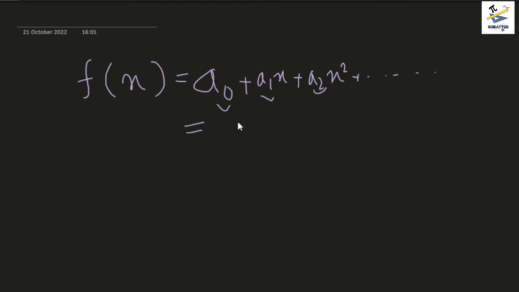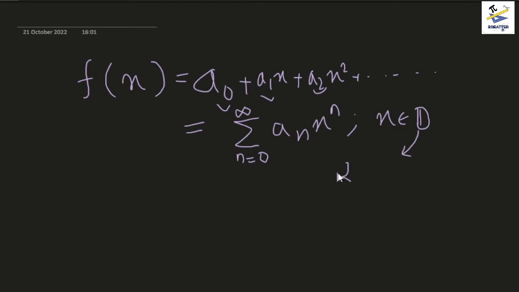If you notice, this can be written in summation notation, n equals 0 to infinity, an x to the power n, where the an's are the coefficients and x is the variable belonging to some domain D, where D is the radius of convergence.